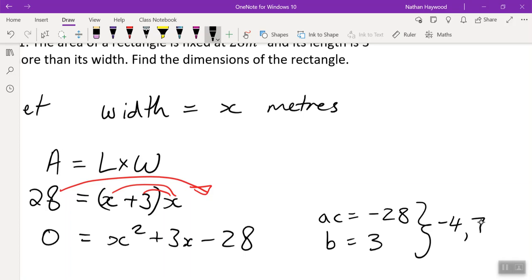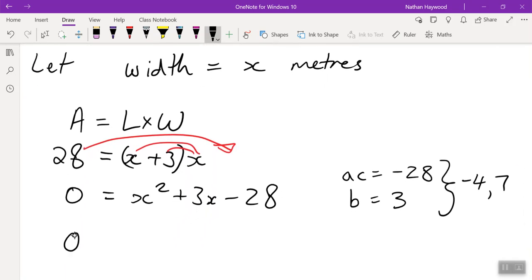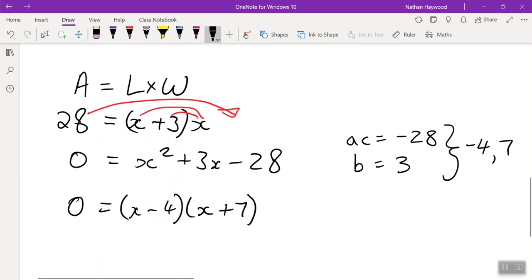Very good. Well done. Negative 4 and 7. So we can factorize the quadratic now. It's monic, so we can just put it straight into the double brackets. All right. Any questions?